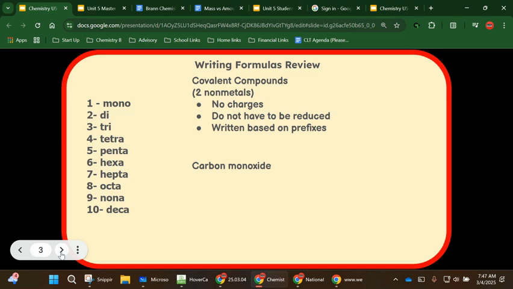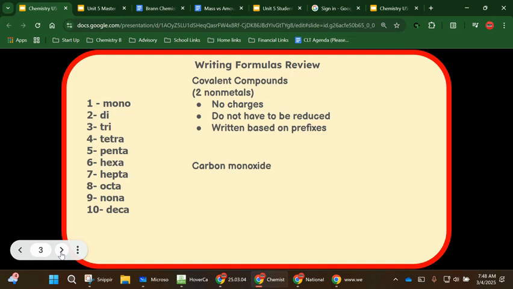I could never give you two nonmetals and say write a compound for them because you have no way of knowing how many there are in the compound. Unlike in an ionic compound where we have to balance off charges, you don't do that in a covalent compound. So for a covalent compound, I'm going to have to give you the name. Now the way you will recognize the name, ladies and gentlemen, is again, you will find a prefix somewhere in the name.